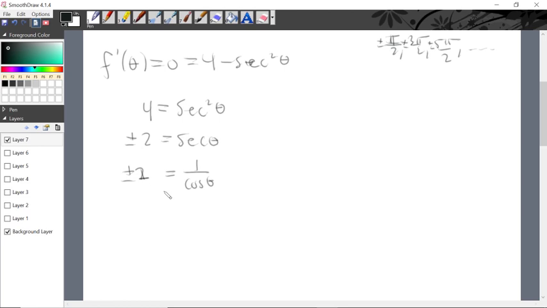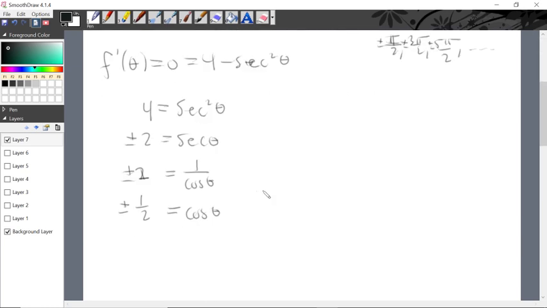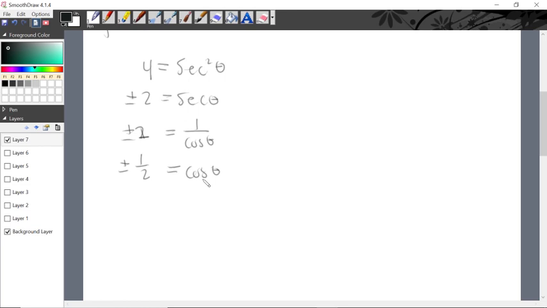And that's where cosine of theta is equal to plus or minus 1/2. Okay, so the derivative is equal to 0. That is, we would have horizontal tangent lines on the function f of theta equals 4 theta minus tangent theta at all the points where the cosine of theta is equal to plus or minus 1/2.